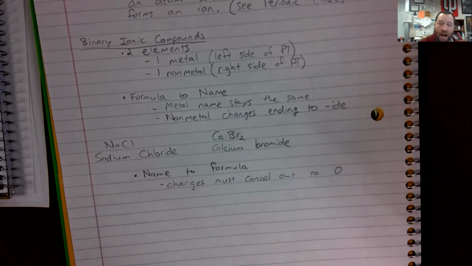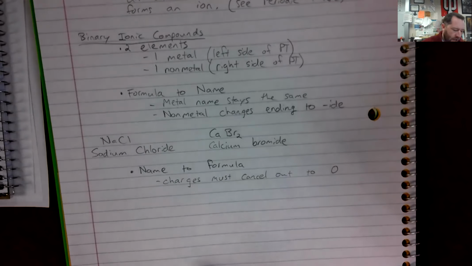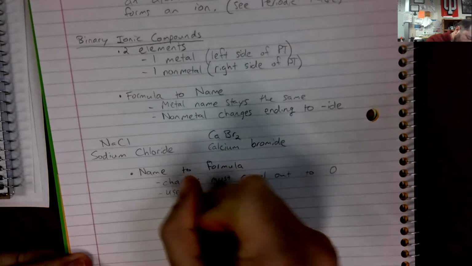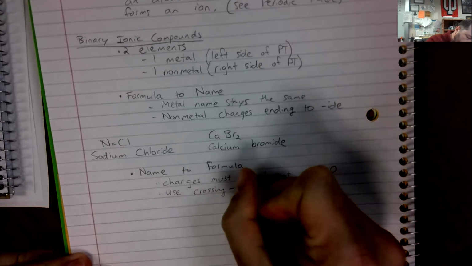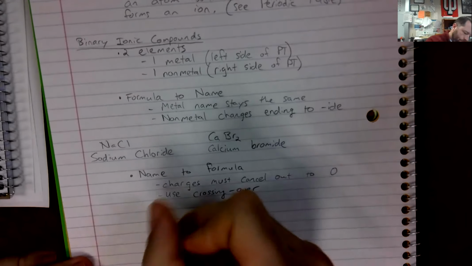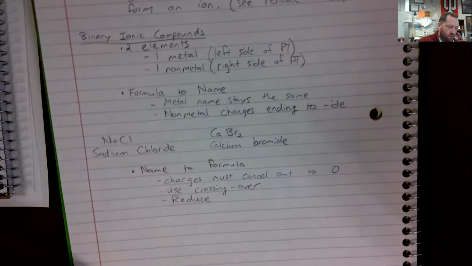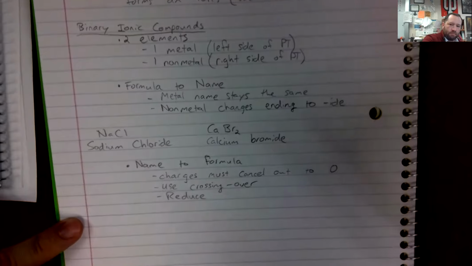You must get your positives and negatives to equate out to zero. So that's kind of the trick to writing your formulas for an ionic compound, a binary ionic compound. I suggest using what we call crossing over. I'll go over what that is in just a second. And then always remember to reduce when applicable. So always reduce. And let's take a look at a couple of examples here.